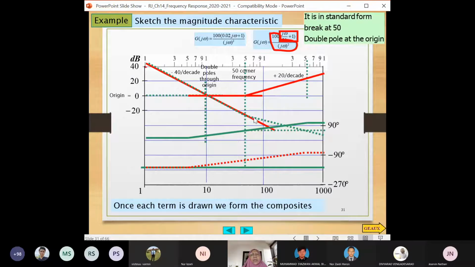So the final part is negative 20 dB. The line here drops from 40 dB to 50, and then the slope becomes smaller, dropping only negative 20 dB per decade. And these are the sketches for this transfer function.